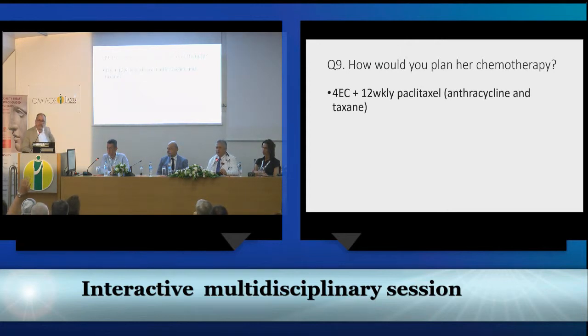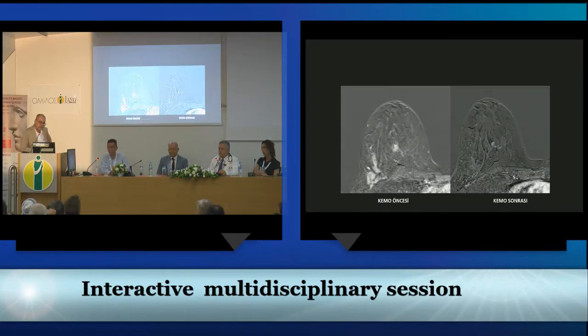Excuse me. The other foci were biopsied or not? Sorry? It's a multicentric disease. The other lesions were biopsied? Yes, we did, but not all of them, just two more lesions that were different from each other.